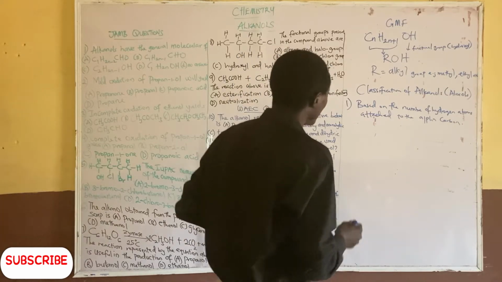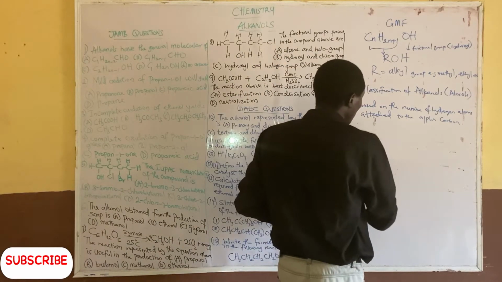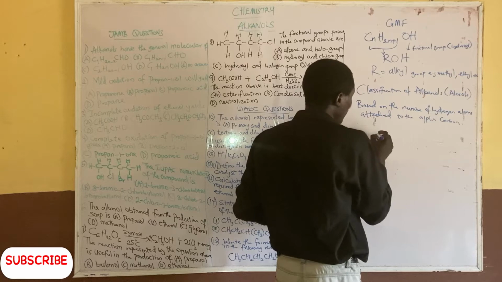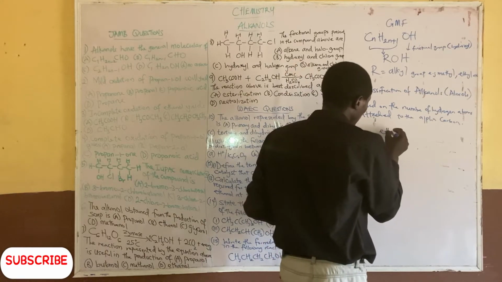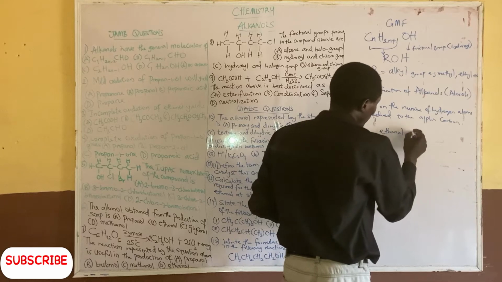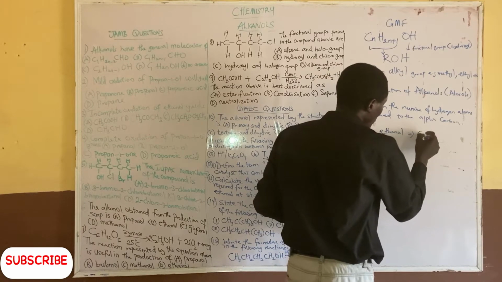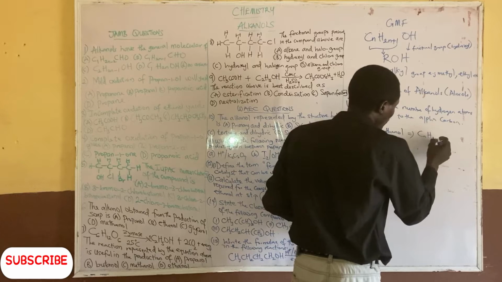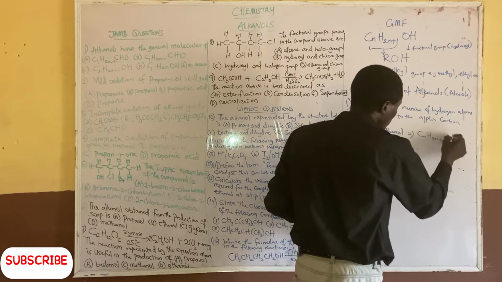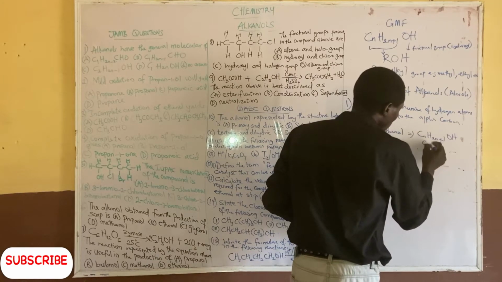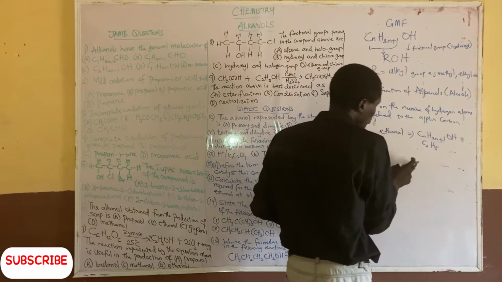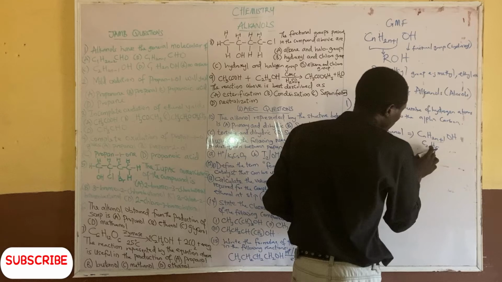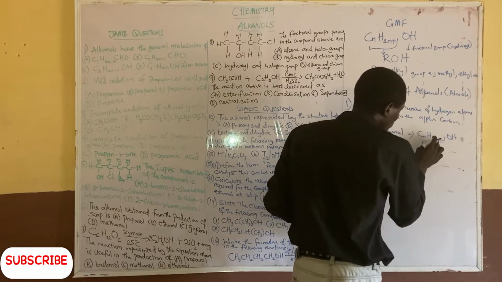For instance, now we consider the molecular formula for ethanol. From CnH2n+1OH, ethanol will be C2H5OH, because when you put 2 into it, 2 times 2 is 4, plus 1 is 5.